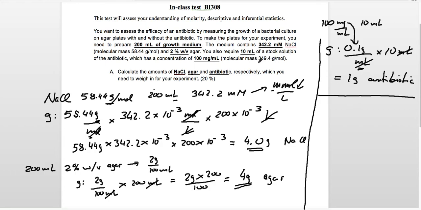Now, if you have tried to use this one here, because it has a gram in it, let's see what happens. So grams, and maybe you said 349.4 gram per mole. And you have the gram here, but you don't have anything to cancel out the mole.